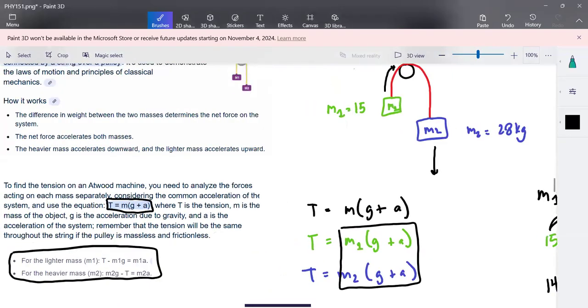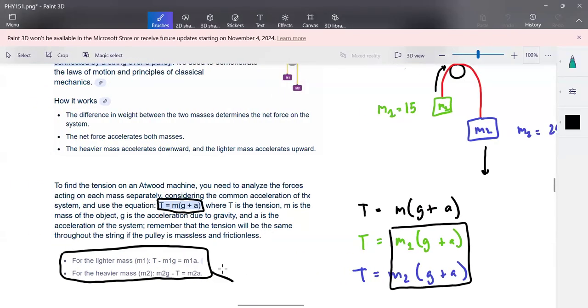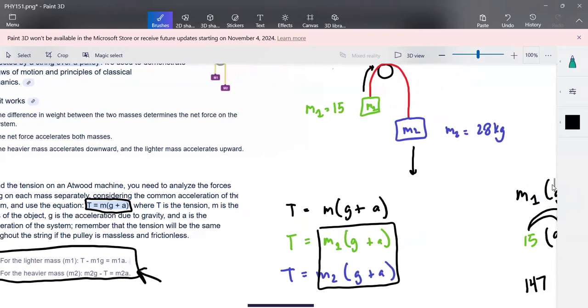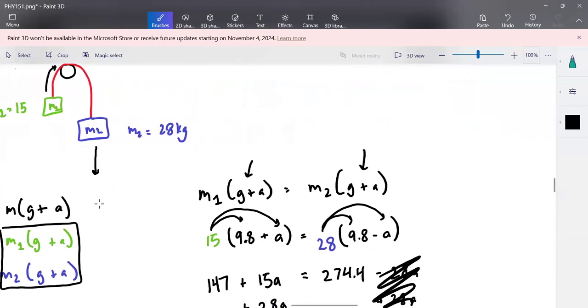If that's a little too uncomfortable for you, just write these down. The lighter mass is this formula, the heavier mass is this formula, and it can be a little more complicated. If you'd like to see a video of how to use just this and not the way that I did it, just let me know in the comments and I will happily make a video with the same problem, but using those formulas instead. It'll still work, just look a little different. So it's up to you.